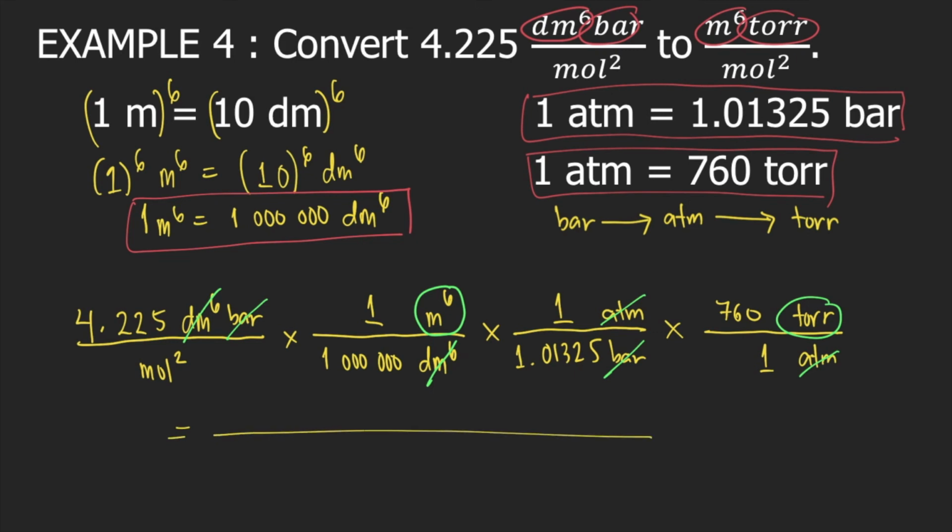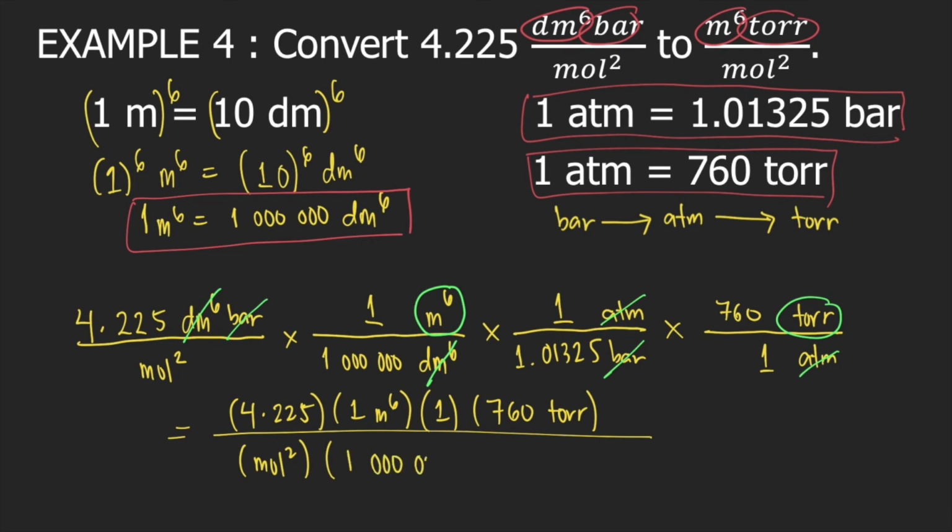So on top, we have 4.225 times 1 m raised to 6 times 1 times 760 torr, divided by mole squared times 1 million times 1.01325 times 1.